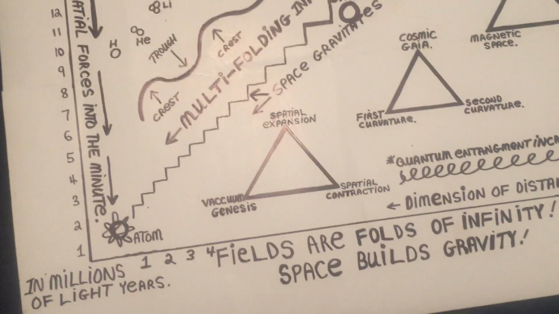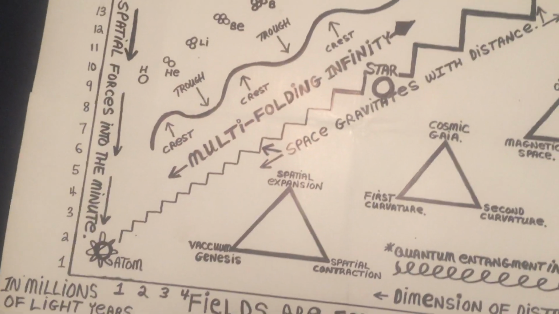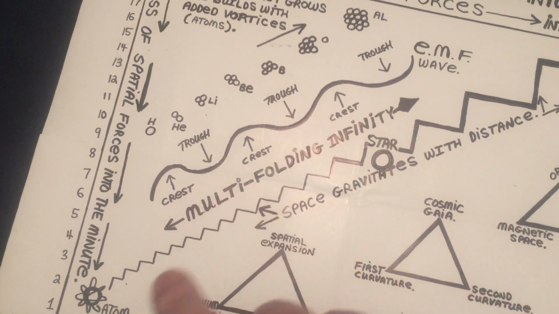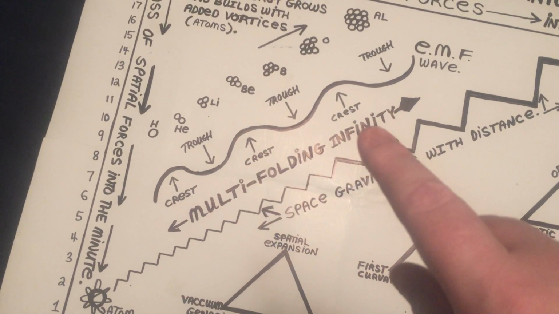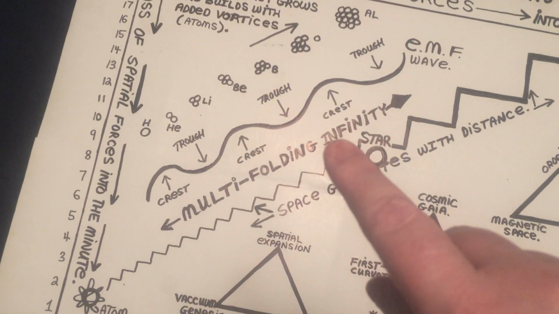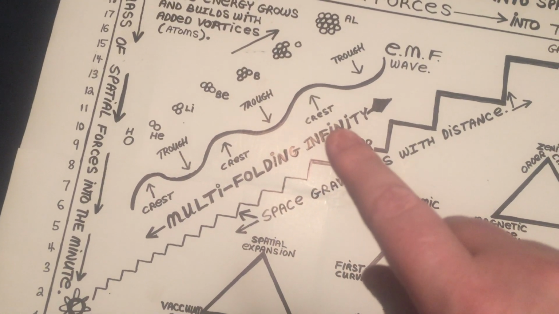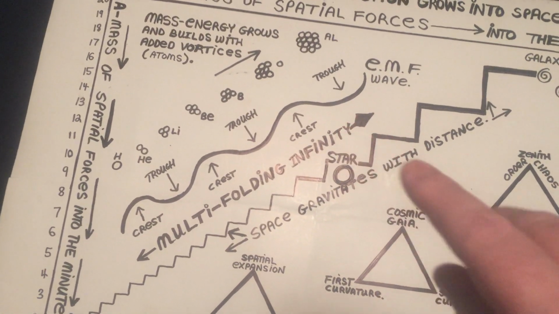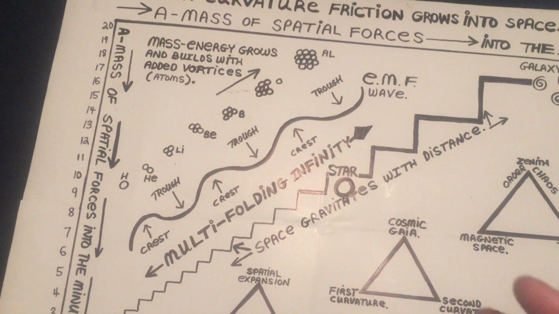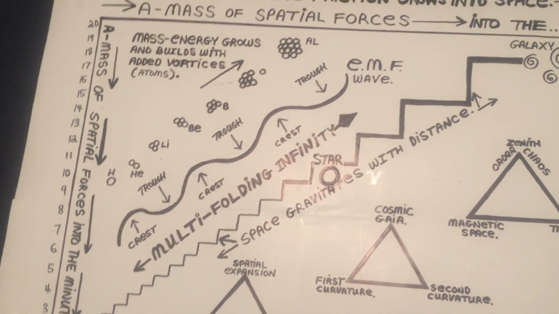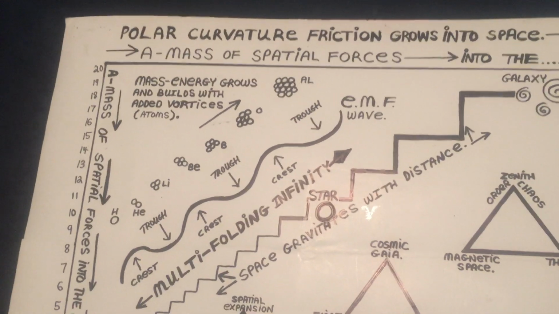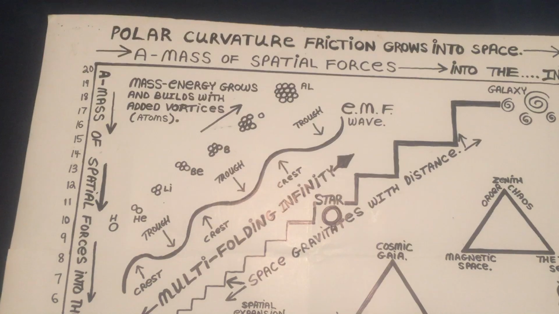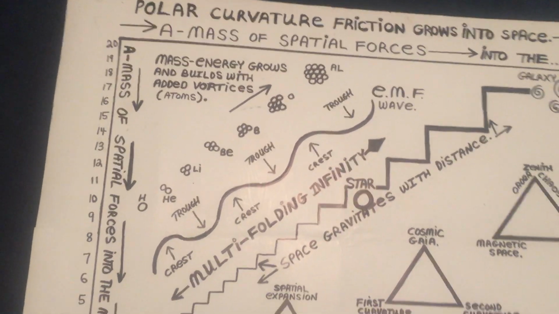So there were many big bangs, quite a few of them. So we got multi-folding infinity here again. So the infinity of the universe continues to be created by the folding of the infinite. And I'll explain all of these many terms with the other templates I'll be showcasing and into much further detail.